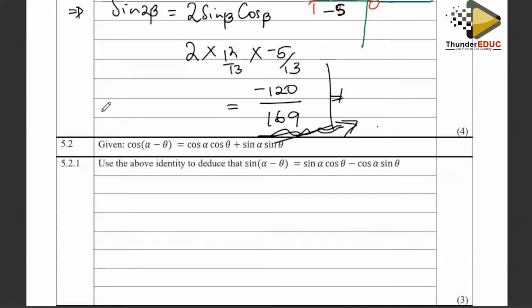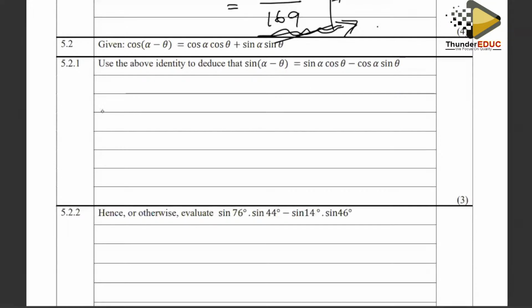All right, 5.2. It's telling us that the compound formula for cos is given as that. They want us to use that identity to deduce the sine of alpha minus beta. Now, from our complementary angles, we know that if we have the cos of, let's say, 90 plus theta, this gives us a negative sine of theta, or 90 minus will give us a positive sine.